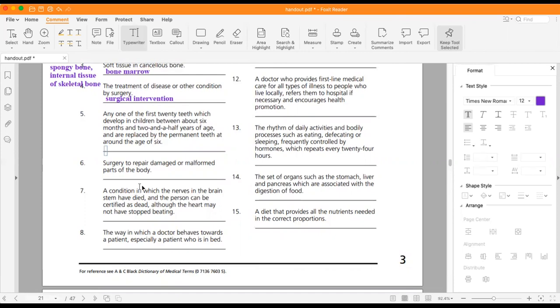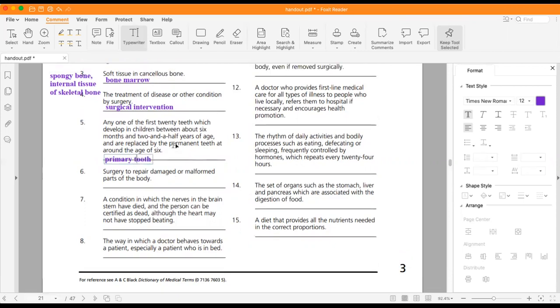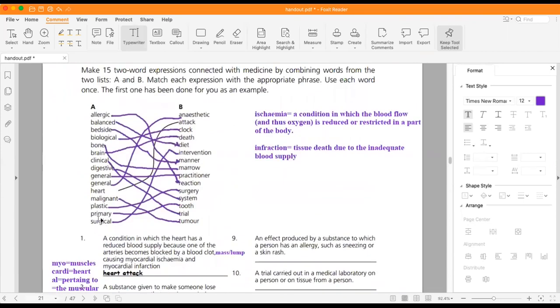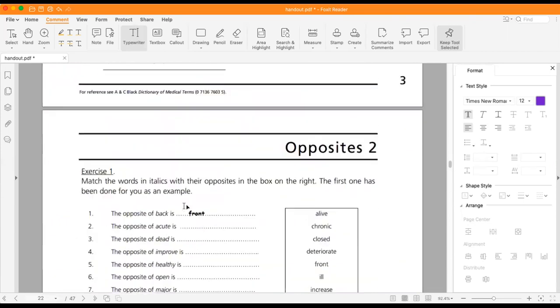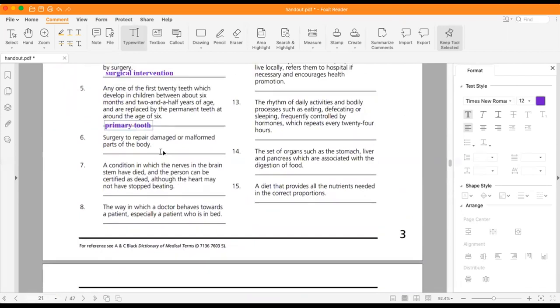So what is the opposite of permanent teeth? We have the primary tooth. The primary tooth. All right. They are replaced by the permanent teeth.